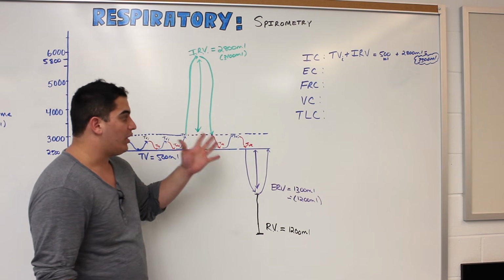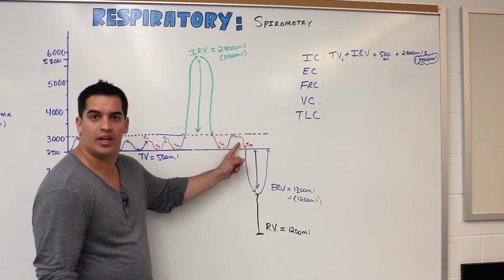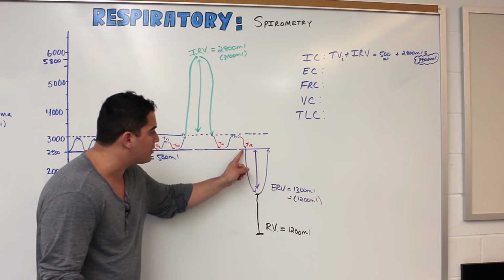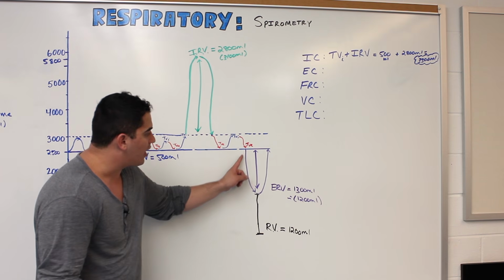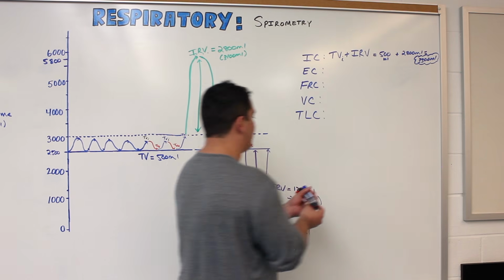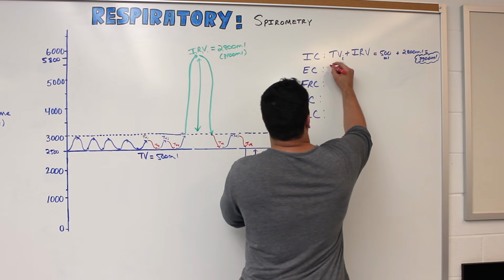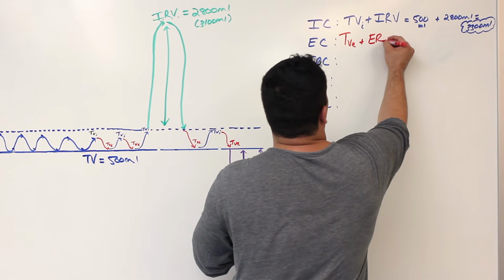If we do expiratory capacity, it's the same thing. It's the amount of air that I can breathe out. I'm exhaling, my tidal volume exhalation is this point here, and then I'm forcefully exhaling from that tidal volume expiration all the way down to this point where I can't exhale anymore. That is their ERV and tidal volume expiration. So I'm taking my tidal volume expiration and adding that to my ERV.